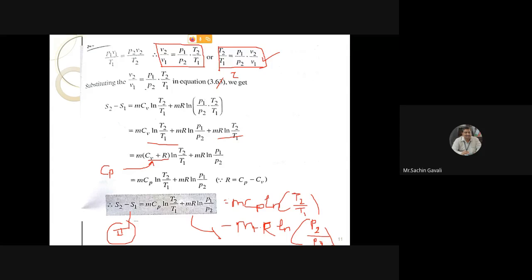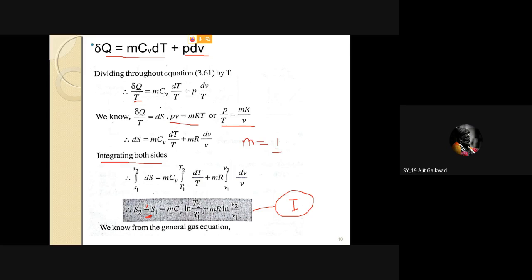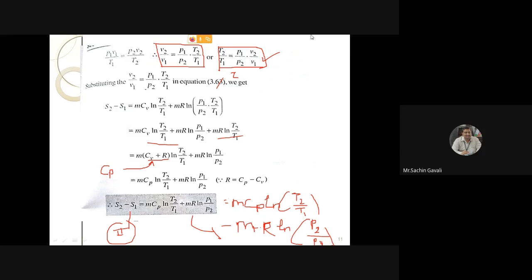Okay. Now similarly, what equation did we get? The first equation: S2 minus S1 is equal to mCv ln of T2 upon T1 plus mR ln of V2 upon V1. Here in this equation we have to put the T2 upon T1 value as it is. What is the T2 upon T1 value? It will be P2 upon P1 into V2 upon V1.